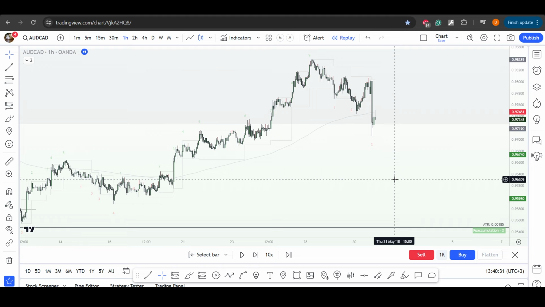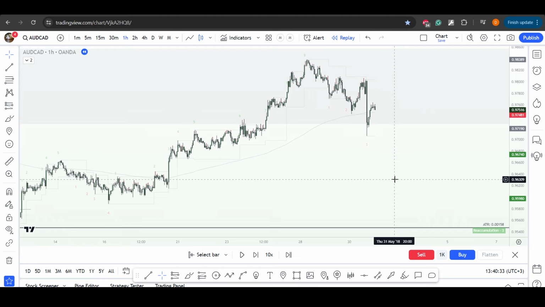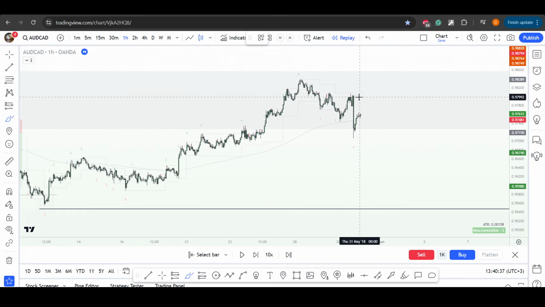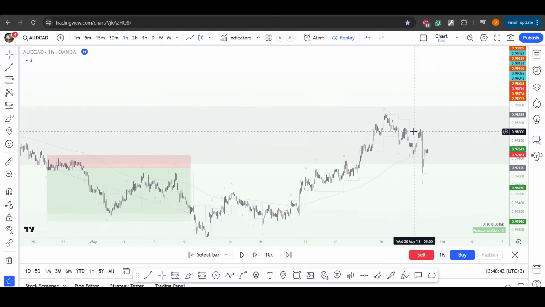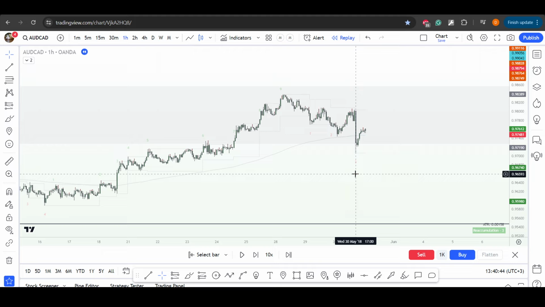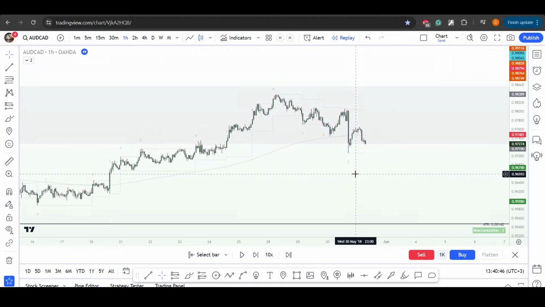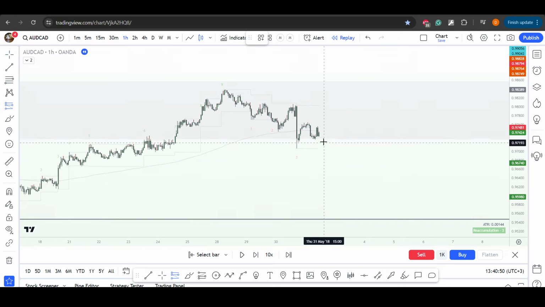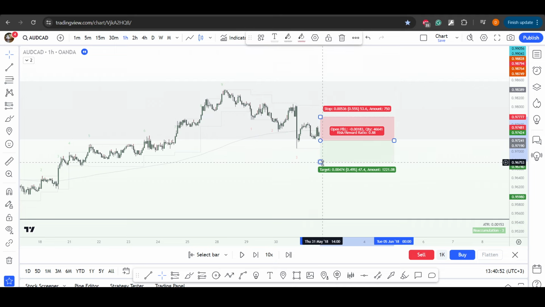So is this a distribution on 1 hour? It could be, definitely could be, and we have some decisive bearish price action here in the daily zone itself. So let's try to follow this impulse, correction and impulse pattern.